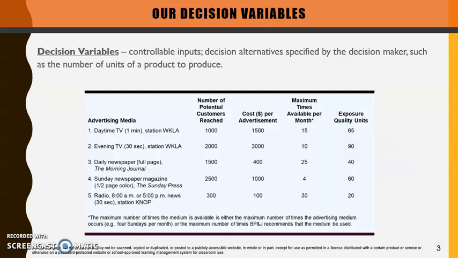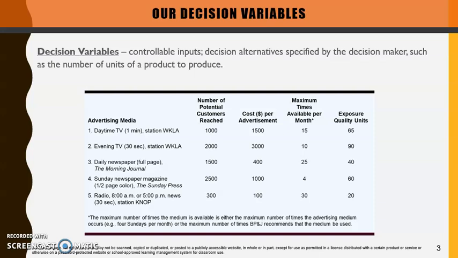Some of you may ask, for example, because it usually happens, from the feedback that I get from the students, they take the cost per advertisement as a decision variable, and they say that we want to make it in a way that minimizes the cost.